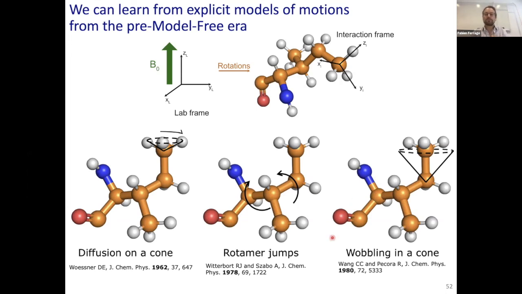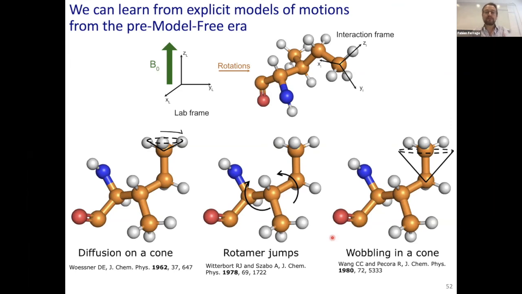Okay, so model-free was great because when it was introduced by Lipari and Szabo, it was saying, well, don't fight about what type of motion you have. You can nevertheless say something quantitative about your motion. You can have other parameters, effective correlation times, and you don't need to spend time fighting whether you have diffusion in the cone or wobbling in the cone.